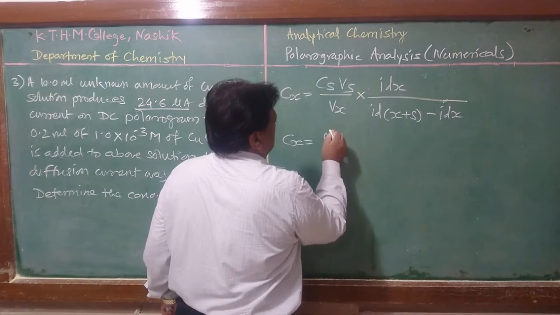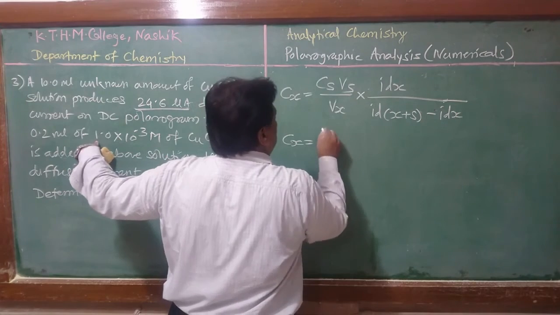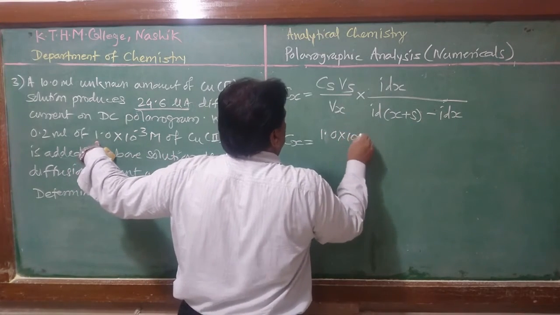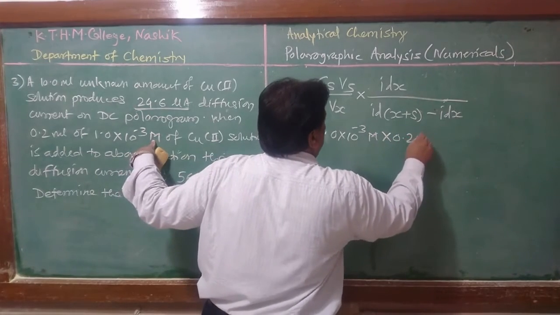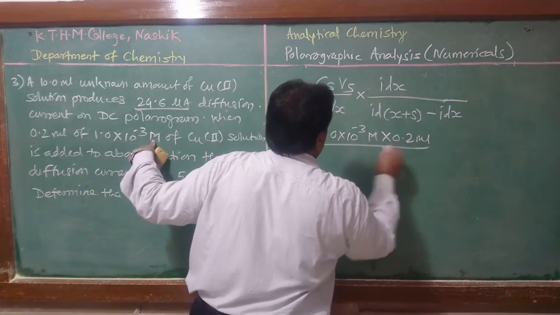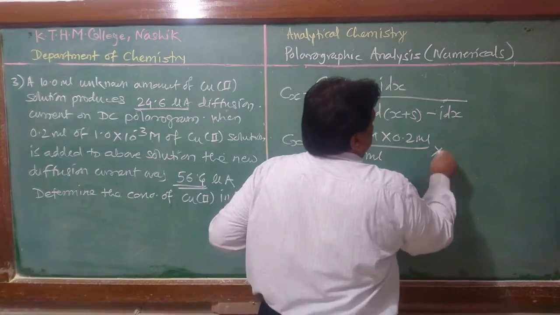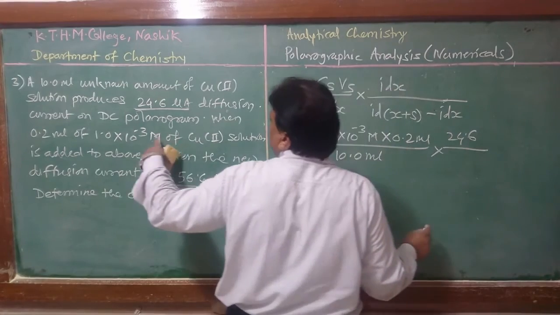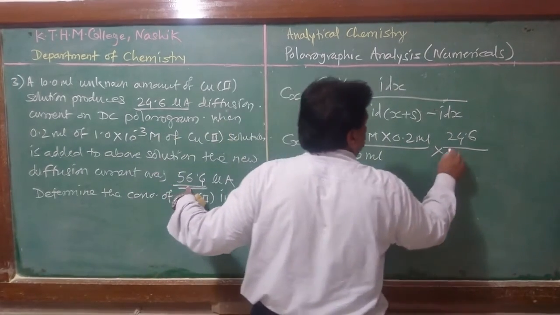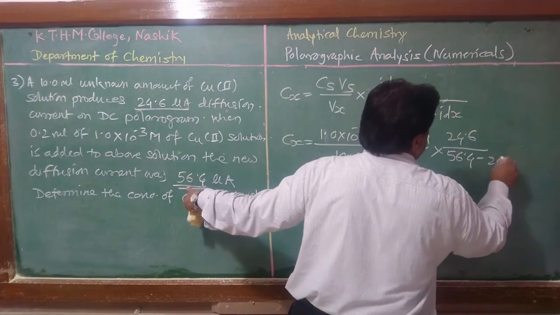Cs, the concentration of standard, is 1.0 into 10 raised to minus 3 mole, into its volume 0.2 ml, divided by volume of sample 10.0 ml, into IdX 24.6, divided by IdX plus s, 56.4 minus 24.6.